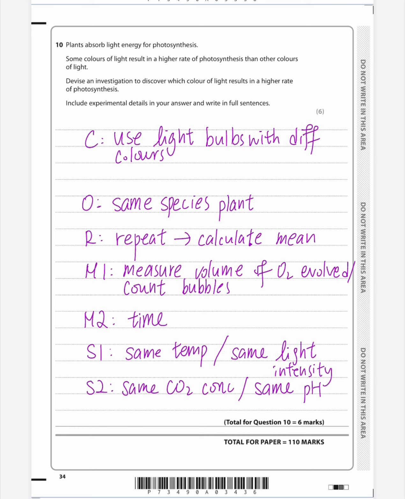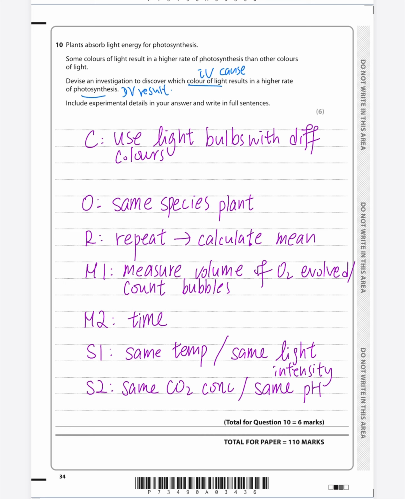So the color of light is the independent variable and the photosynthesis rate is the dependent variable, because we change the color of light in each setup before the experiment, right? So this is the cause and this is the result. So we can identify the independent and dependent variable based on the cause and the result, okay?